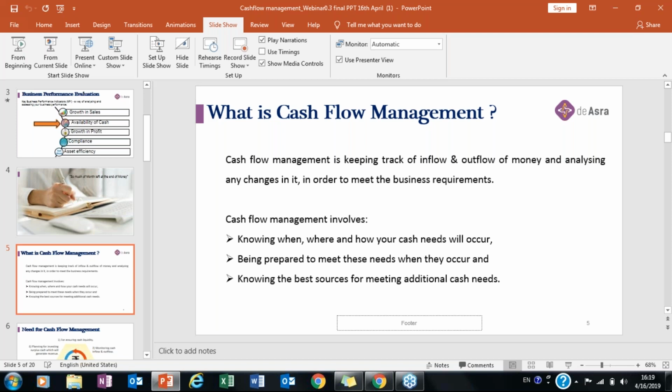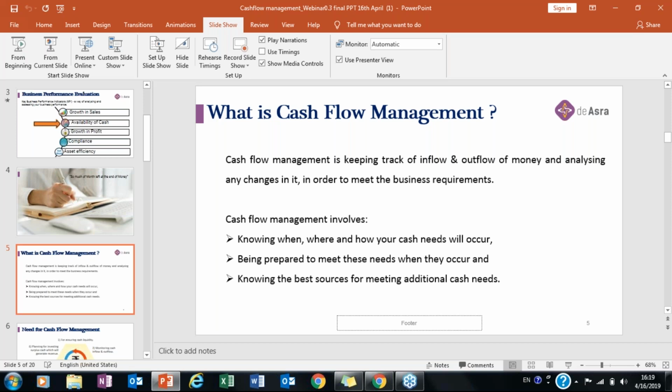Where would you need your money going ahead? So cash flow management involves knowing when, where, and how your cash needs will occur. It also helps you to understand the data you have put in, to understand where you have invested a given amount of money, to further analyze the trends.